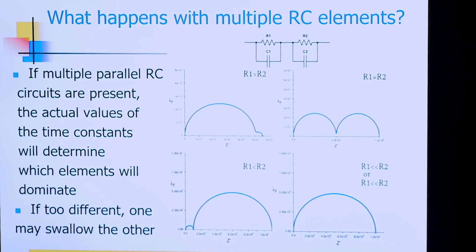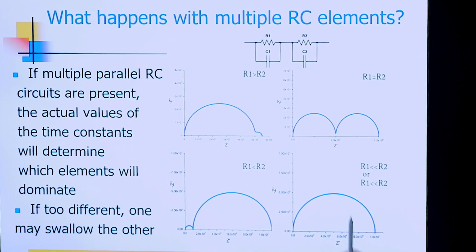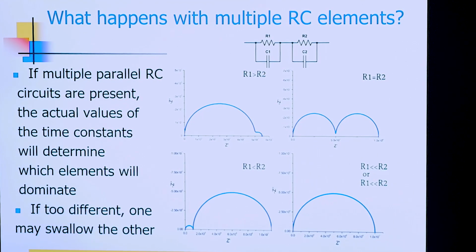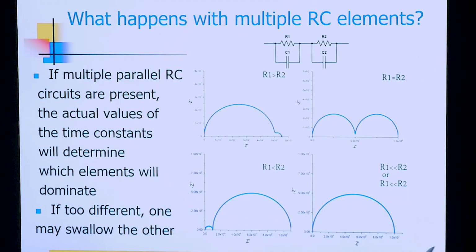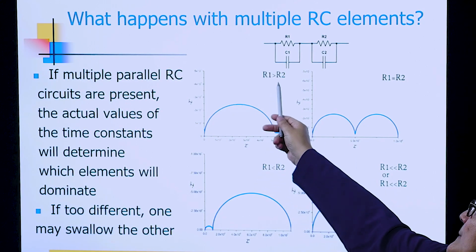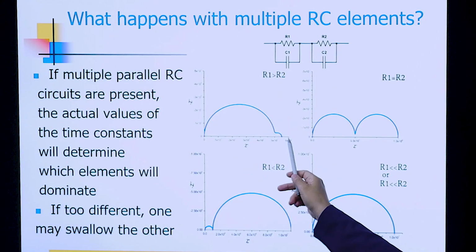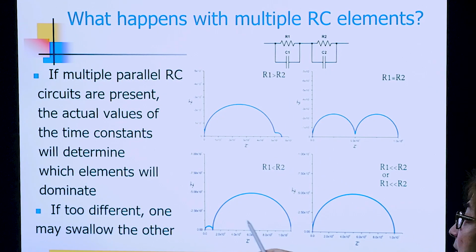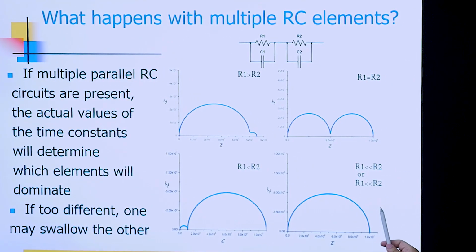One of the important things to keep in mind is that depending on the values of the resistors, keeping the capacitors the same value, which are 3 orders of magnitude apart, if the resistors are equal, you get two semicircles of identical value. If one of them is a lot smaller than the other, depending on which one it is, you will get a large semicircle and another one, a small one. If they are in the reverse, the position of the small and the large one, of course, shift. And if the values are sufficiently different, one of the semicircles may be swallowed by the other.